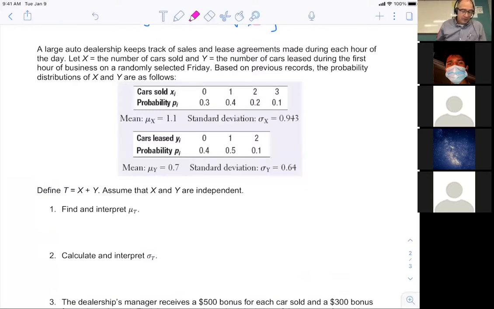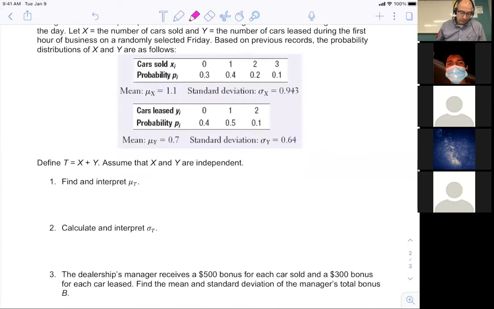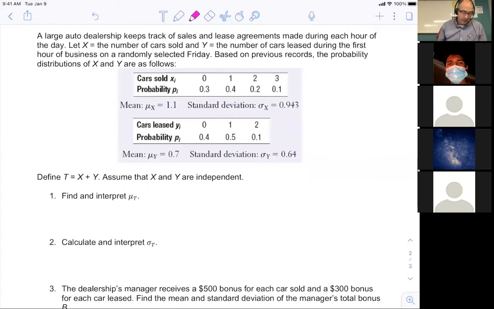Okay, so all right, this should be simple enough. Find and interpret the mean of T. So that means that we need to know what the mean of T is. The mean of T then is, did it say let T be X and Y added together?